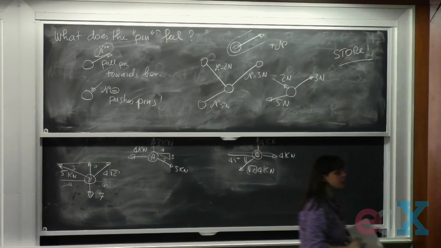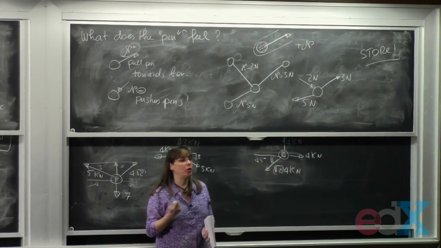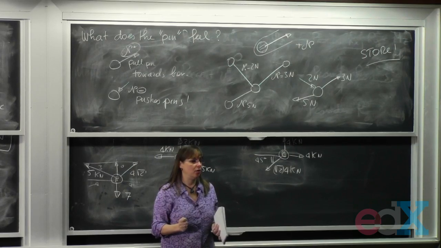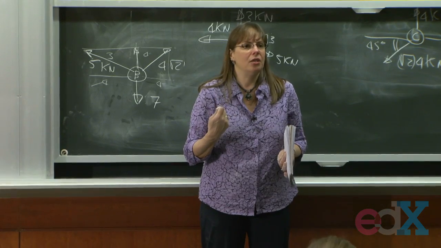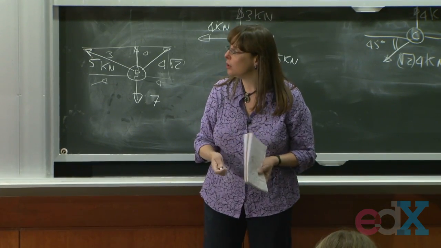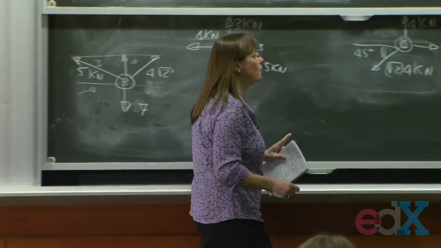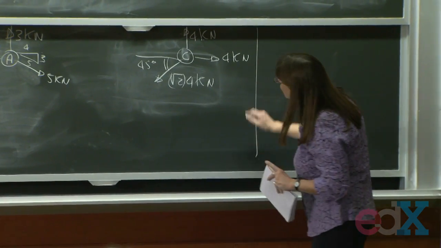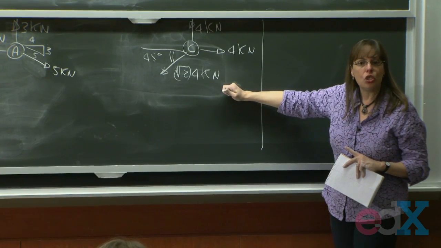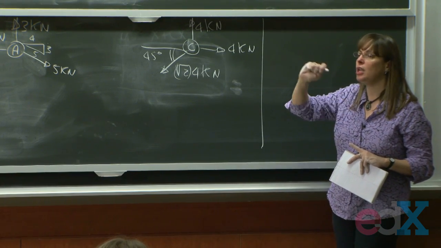Except I still have a little bit of time. What I want you to notice is that I did this and I said, okay, now we cut here, now we cut there. Sometimes it's not quite straightforward to figure out which one you take. If it's a complicated truss, what are you going to do? I'm going to show you a nice method called the method of joints that uses this concept of putting the joints in equilibrium to solve trusses in a nice step-by-step way that you do not need to think about.